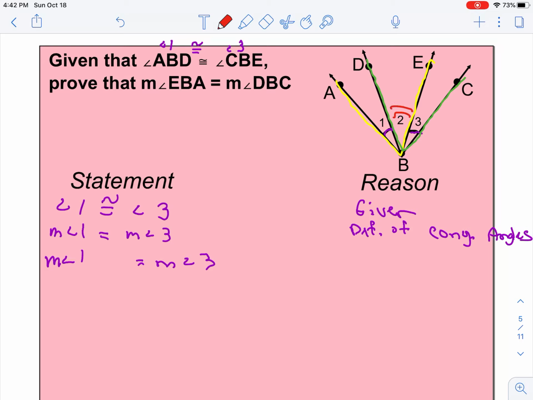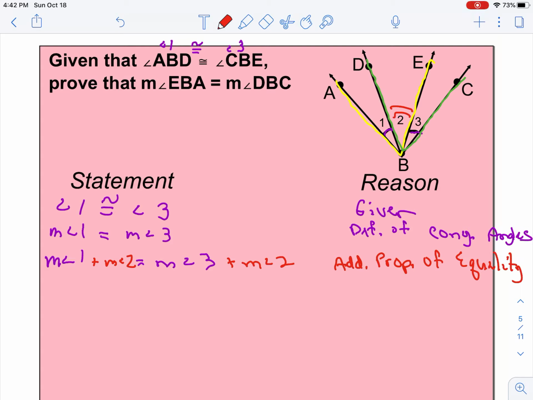It's not the same as 1 and 3 necessarily, but we could say that the measure of angle 1 plus the measure of angle 2 would equal the measure of angle 3 plus the measure of angle 2, because we're just adding an equal angle to each one. And so again, that's our addition property of equality, and we don't have to write all that out, but once in a while I think it's helpful.